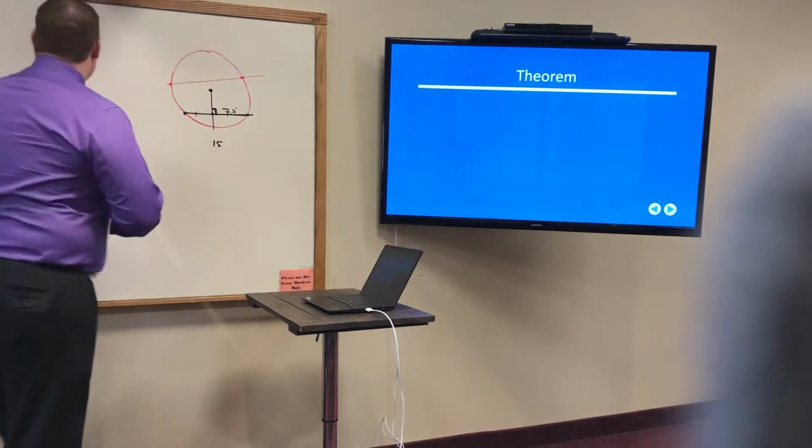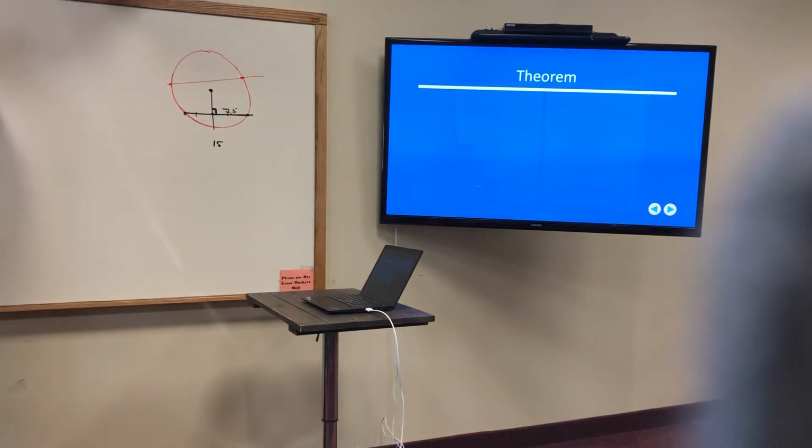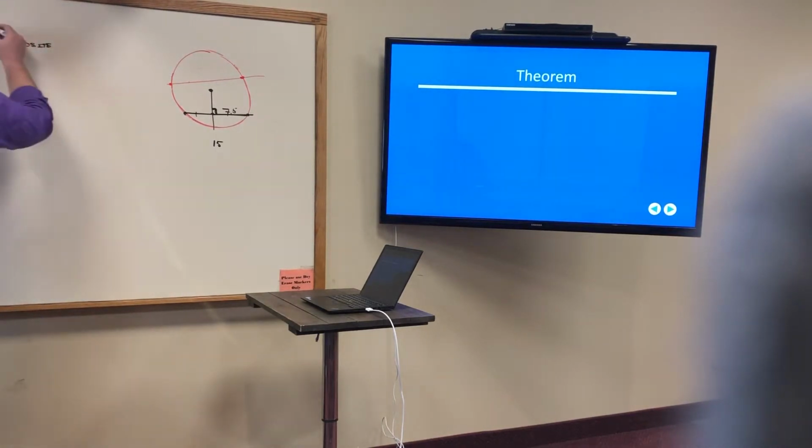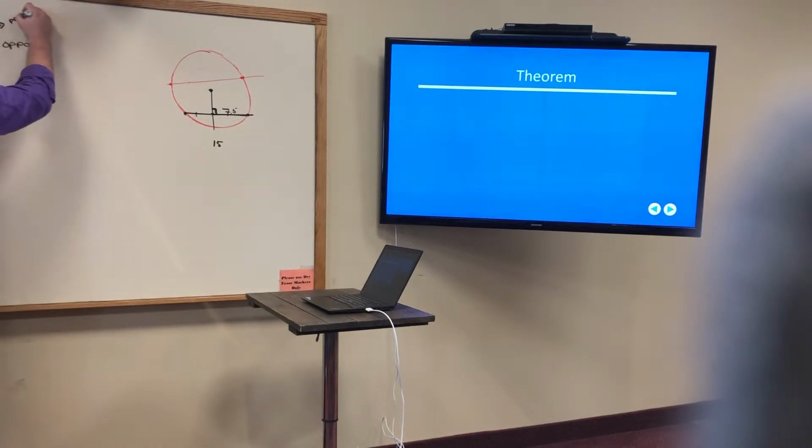So your theorem 8.1.1 and 8.1.2 are opposites. Okay, so this one is, they're perpendicular.